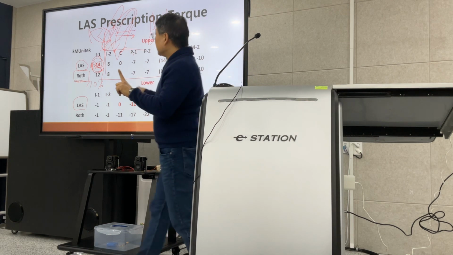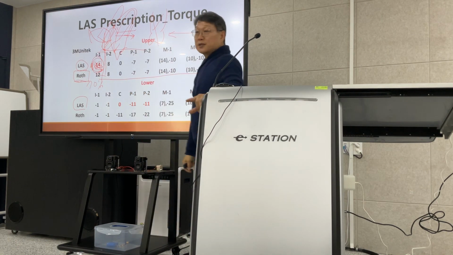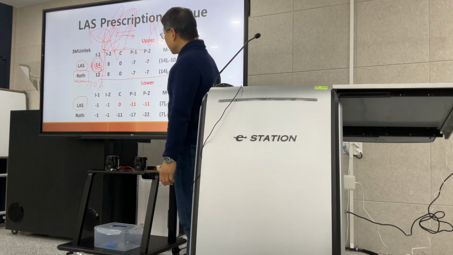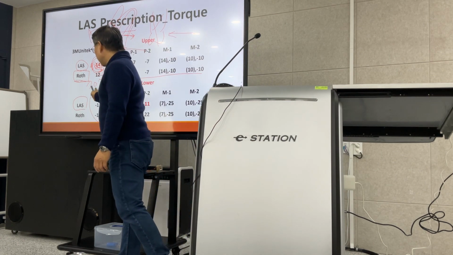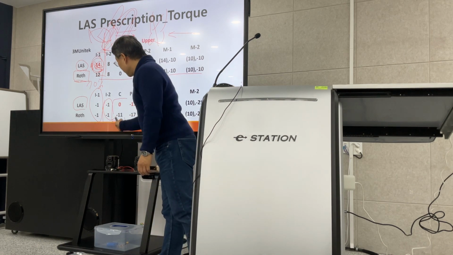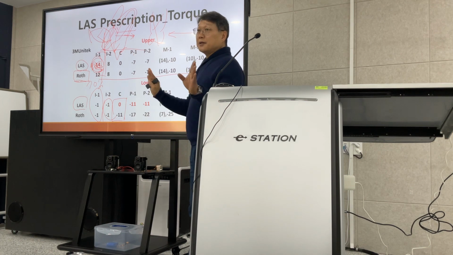After that, you can choose the company's prescription. But in the lower, all companies are a little bit the same, but most of the difference is in the canine, there is a different concept.